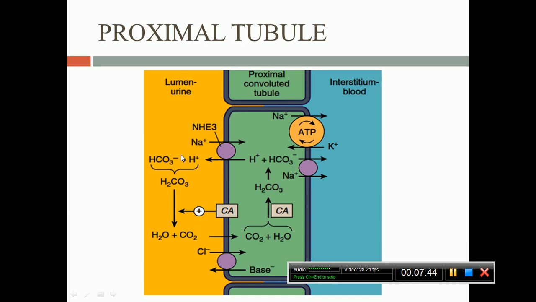This is the lumen of the nephron, the urine. Anything that is present here will be going into the urine, which is why it is also called the lumen. This is the interstitium, and after the interstitium there is a blood vessel.